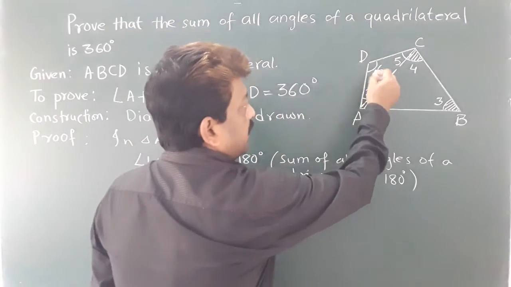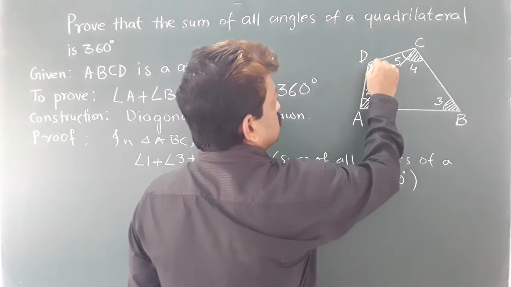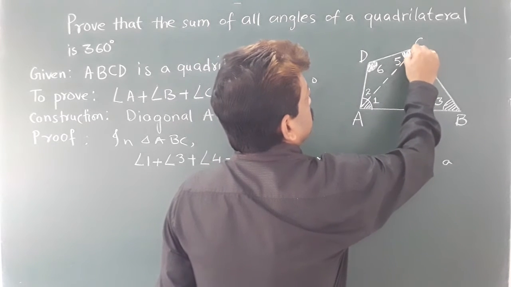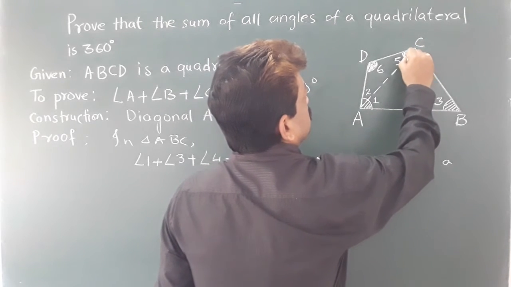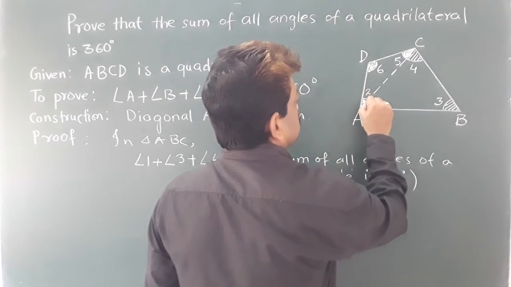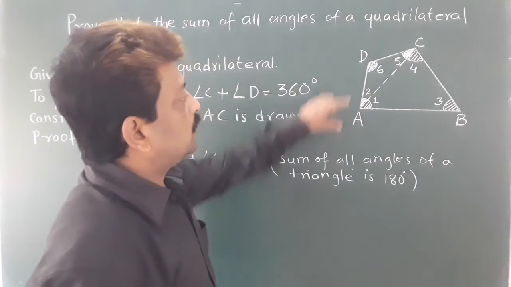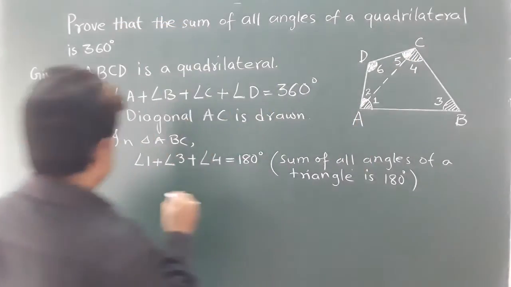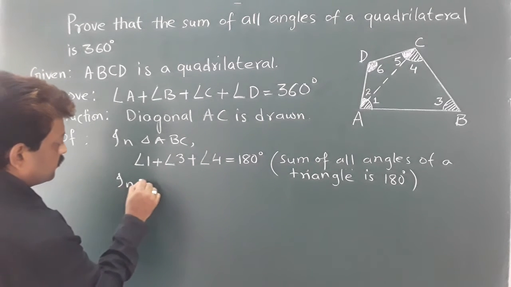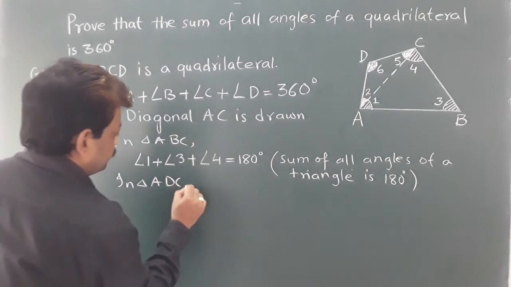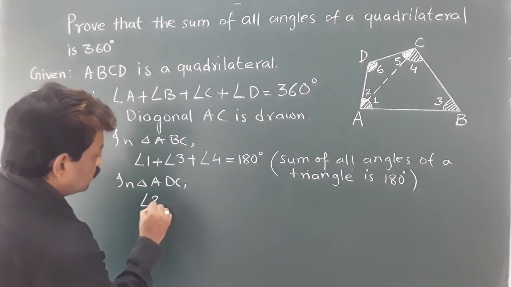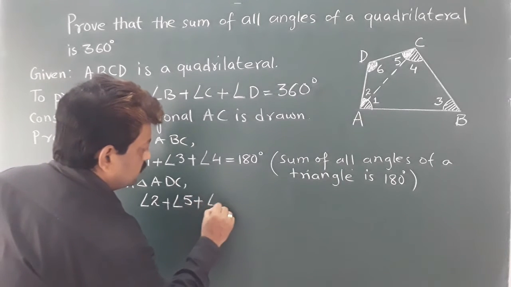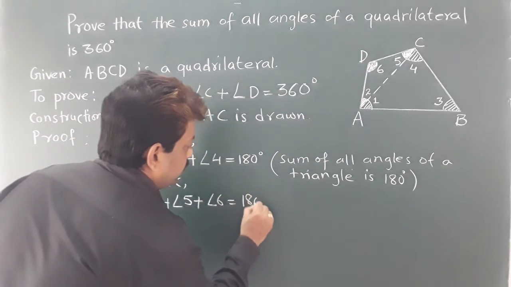Now this triangle ADC has 3 angles. In triangle ADC there are 3 angles, angle 2, angle 5 and angle 6. So angle 2 plus angle 5 plus angle 6 equals to 180 degrees.